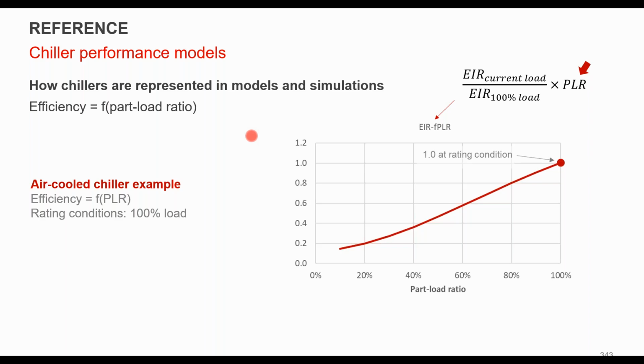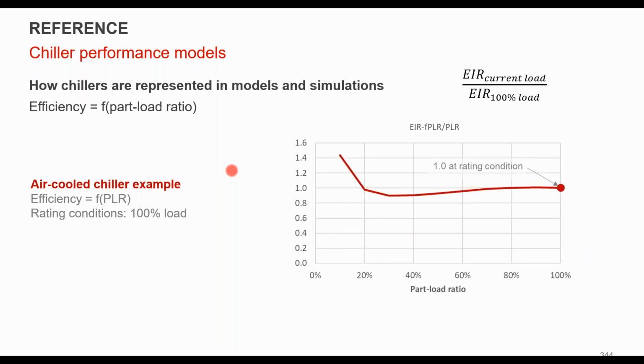So in this case, a straight unloading curve, where at 80% load you're getting 80% EIR, right? So you have to account for that as well and understand how it unloads. If you have a multi-compressor system, you might have more distinct blocks. If they have variable speed compressors, you might have more of a linear line like this one.